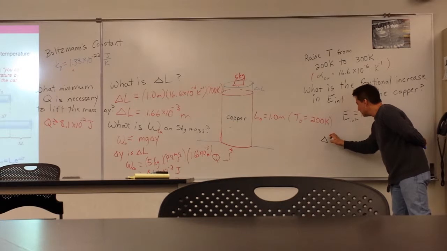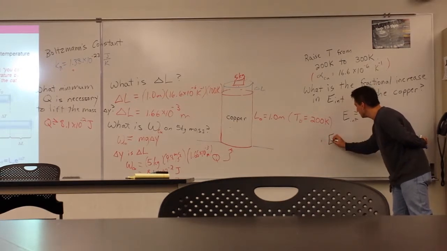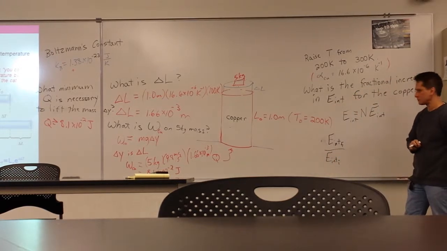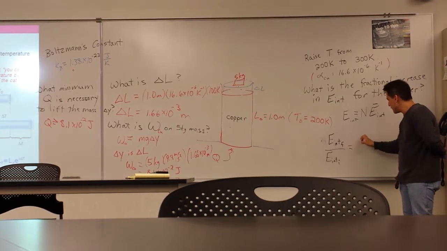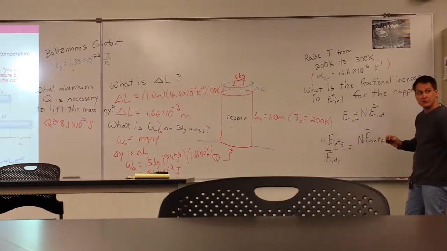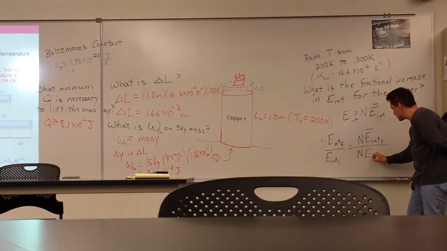So the ratio, not the delta, so the ratio of internal energy final to internal energy initial is going to be equal to the number of particles times the average internal energy at the end of the process divided by the number of particles times the average internal energy at the beginning of the process.